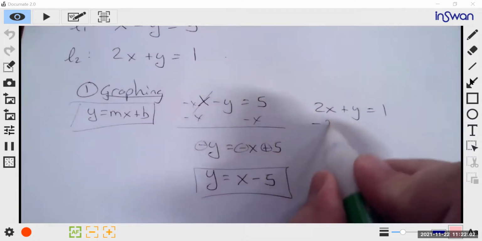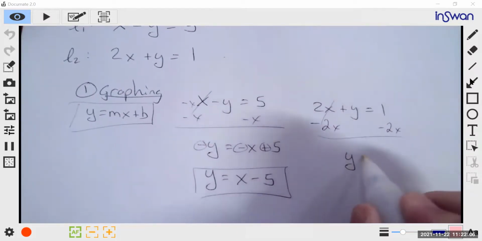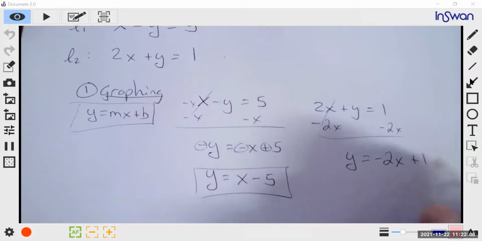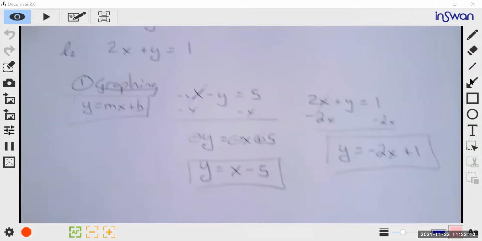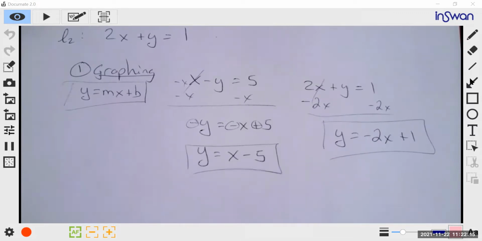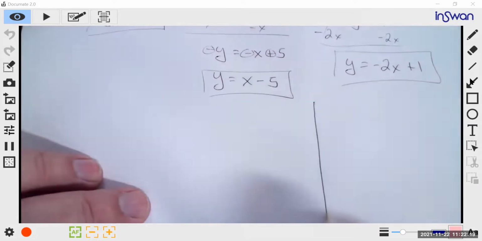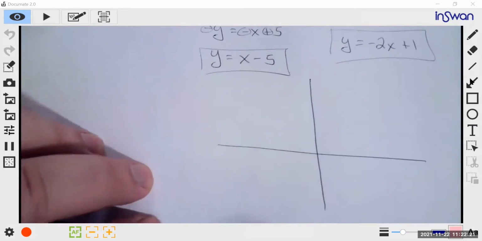And the second one, solve for y. So we have to subtract 2x from both sides. So now we have them that way. Let's go ahead and graph them.